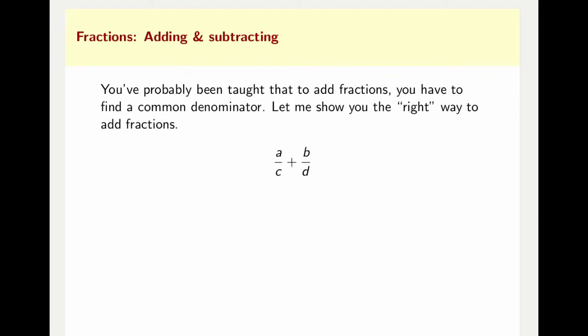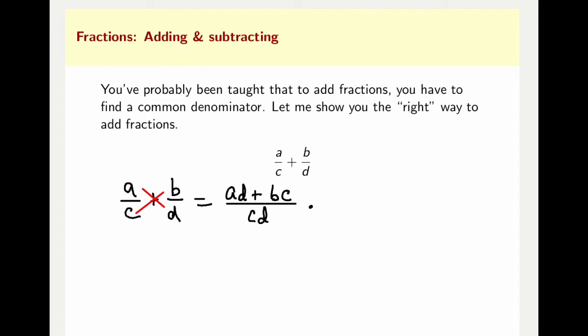The answer is I cross multiply. So here we go. A over c plus b over d. Cross multiply. So what I have is a times d, put my plus sign in here, b times c over, now multiply the two denominators, c times d.